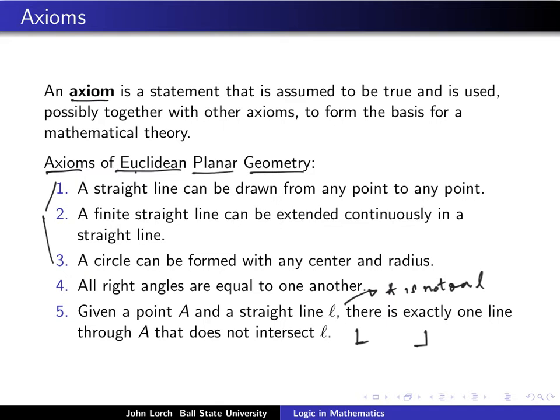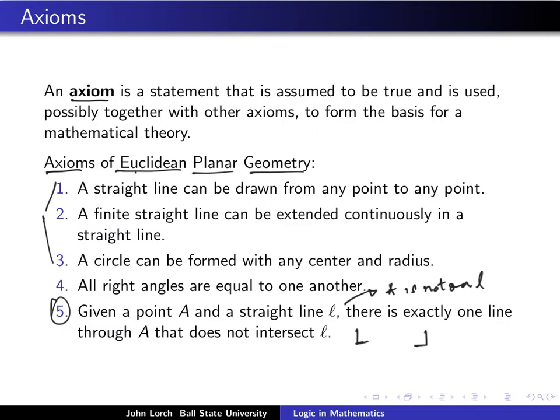So given a point A and a straight line L, with A not being on L, there is exactly one line through A that does not intersect L. This is a somewhat complicated axiom, known as Playfair's axiom, and it's equivalent to what's known as the parallel postulate.